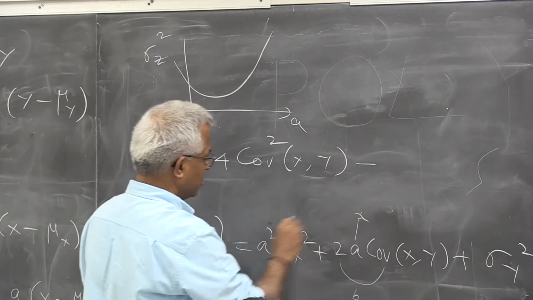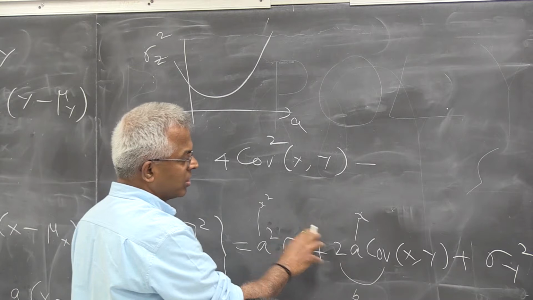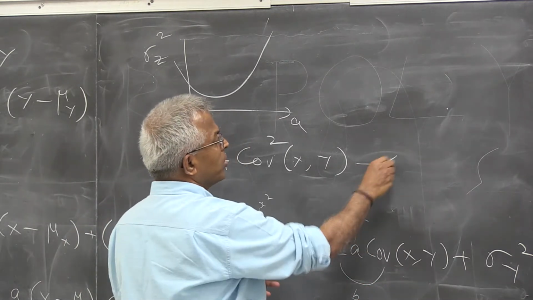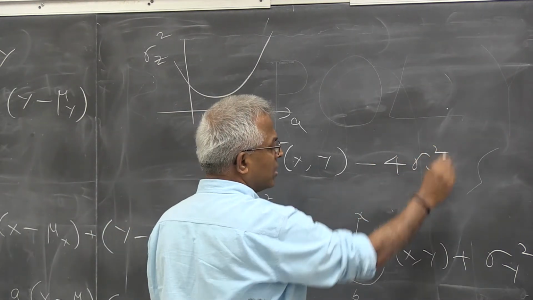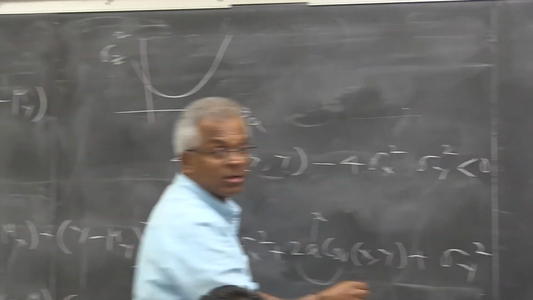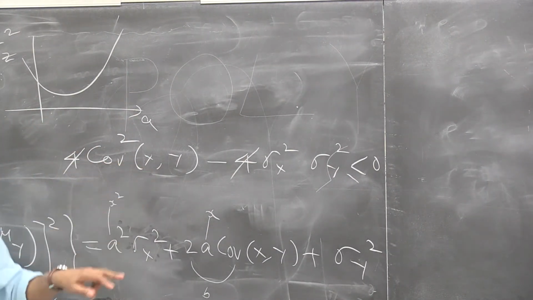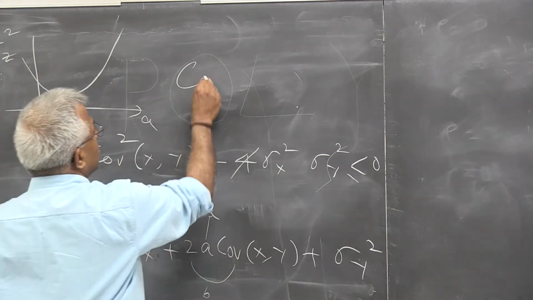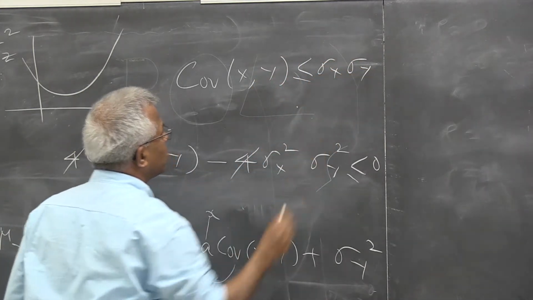So imagine this as the coefficient of x squared. This is b squared minus 4ac, right? So minus 4, what is a? A is sigma x squared and c is sigma y squared. This has to be negative, right? So 4 cancels, and you get that the covariance of xy is less than sigma x sigma y, what we wanted to prove. So we have covariance of xy is less than or equal to sigma x sigma y.